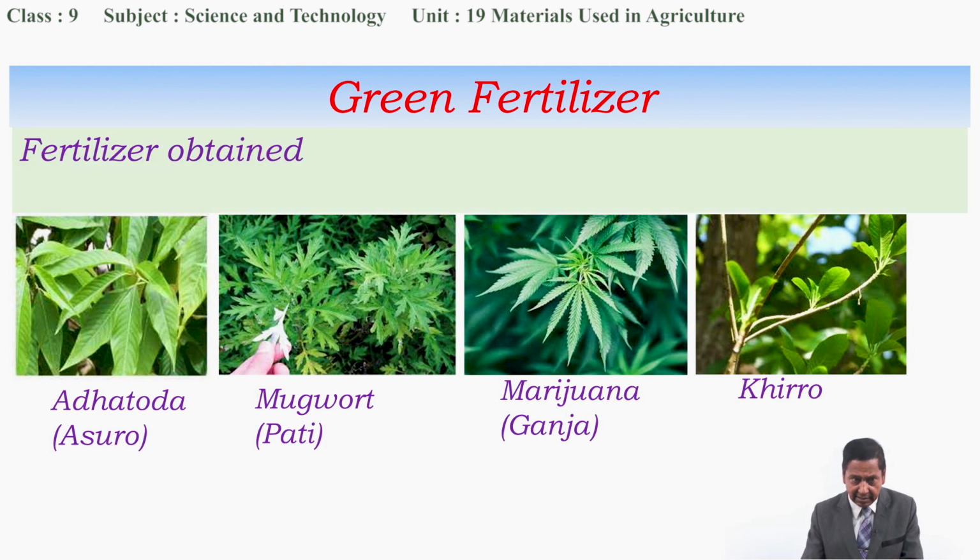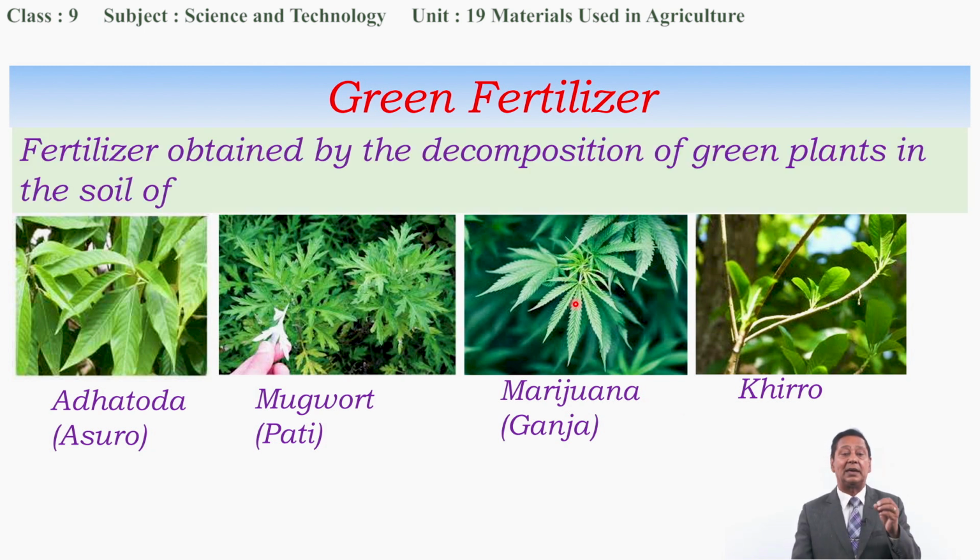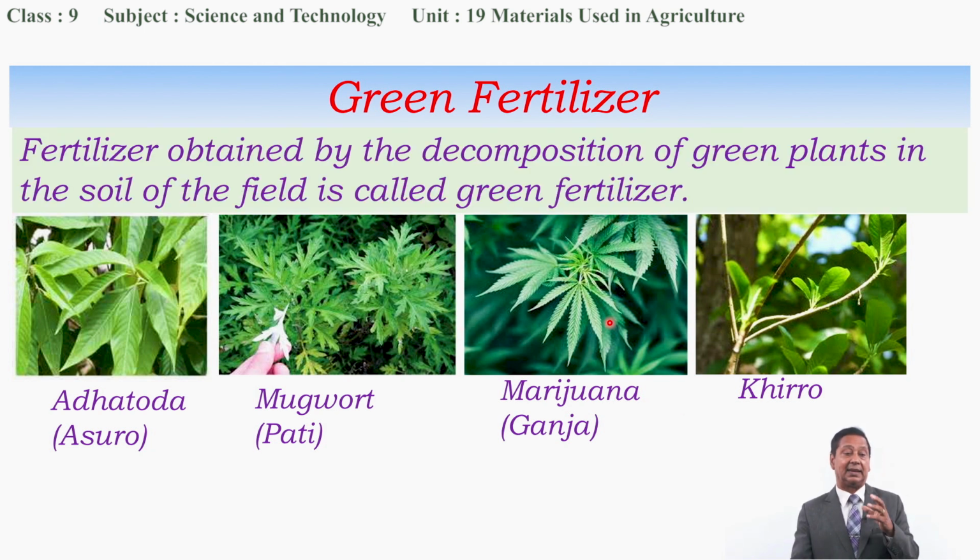And so we can say that fertilizer obtained by the decomposition of green plants in the soil of the field is called green fertilizer. These are the green plants which are buried into the ground and within few days they convert to organic fertilizer, and that's why we can say these substances are green fertilizer.